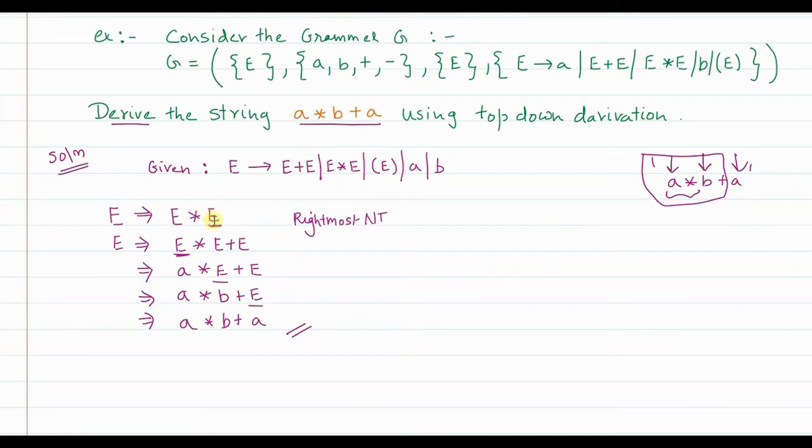This E was the rightmost non-terminal, so I replaced it with its value, E plus E. But in the next step, I did not go for the next rightmost; rather I went for the leftmost non-terminal and replaced it with small a. Then in the third step, after replacing the leftmost non-terminal with A, the next leftmost, the second leftmost, was replaced.